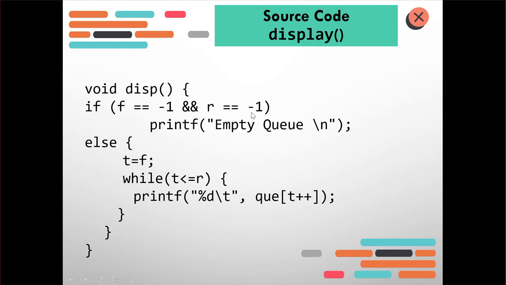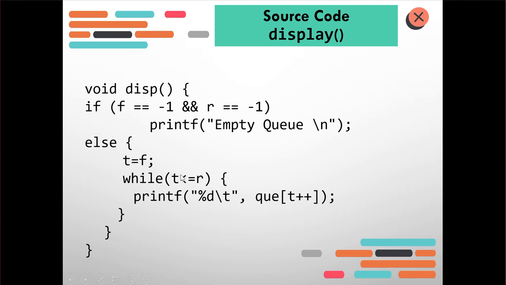Say for our example which we just saw previously, we have 5 elements. In that case, this would not be true and the control would go to the else part. What I have done here is that I have stored the value of f into t. Why? Because I would like to preserve the value of f. If I use this f directly in this loop, it would change my f.